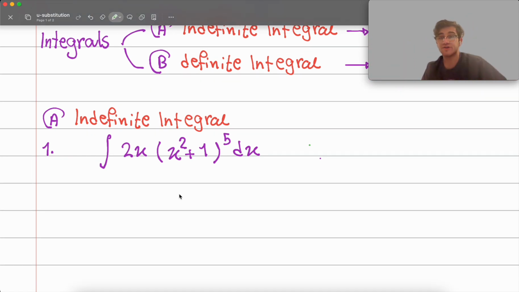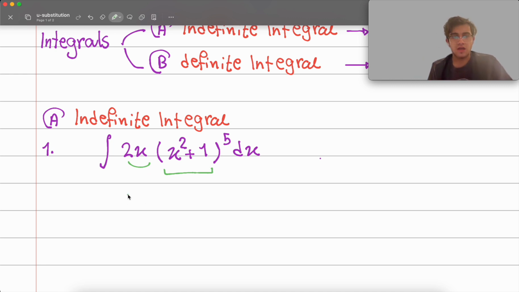I said we use u-substitution when we see a function inside a function. Here I can see a function which is not weird, but it's kind of long, which is this one right here, x squared plus 1. And I can also see its derivative inside the same integral, which is 2x. So how can I do it?